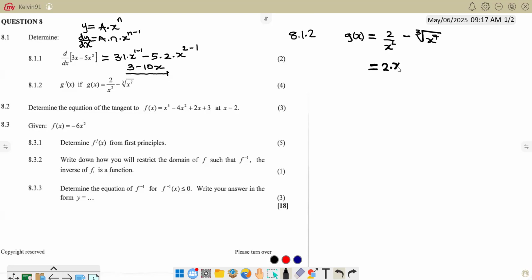It is going to be x to the power negative 2, multiplied by our x there. Then when this comes here, you have to take note that this part which is coming outside is going to be a denominator. So it's going to be 7 over 3.